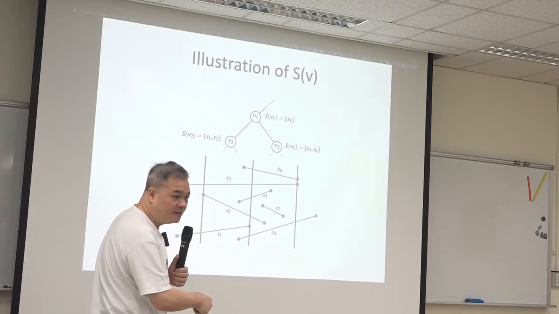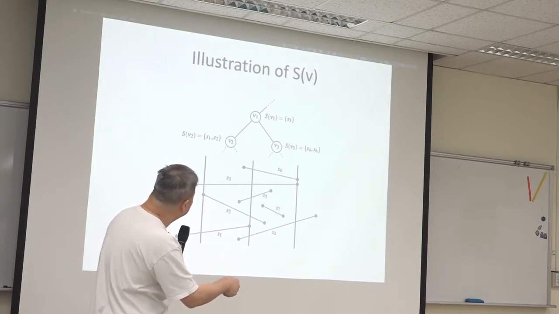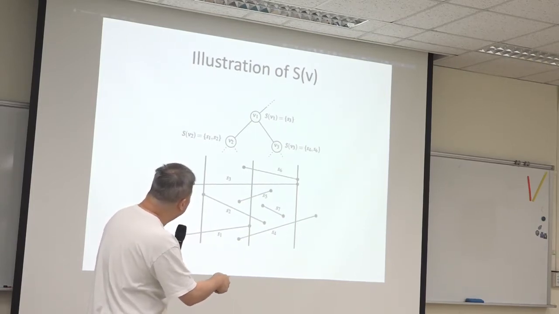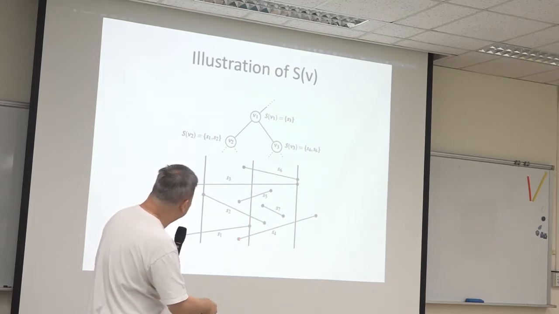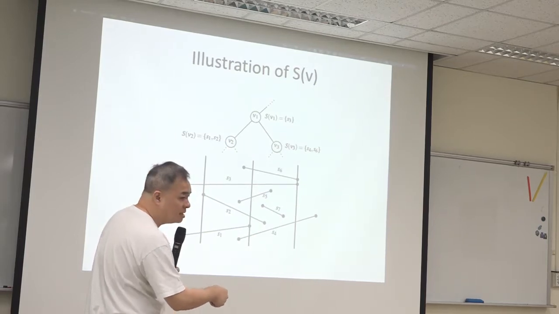And the same thing, S4 and S6 go across the slab represented by V3. S4 is here, S6 is here.